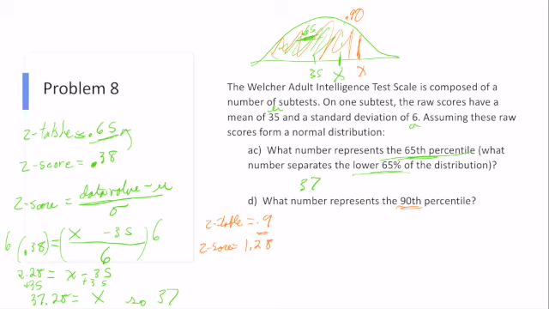So now I have 1.28, that's my z-score, equals our data value, which we don't know, minus our mean over our standard deviation. I go ahead and solve this to get 42.68 equals x. So 43 is the cutoff for the 90th percentile.